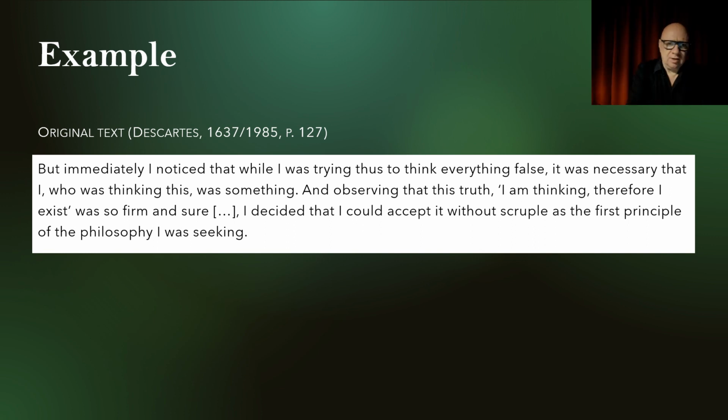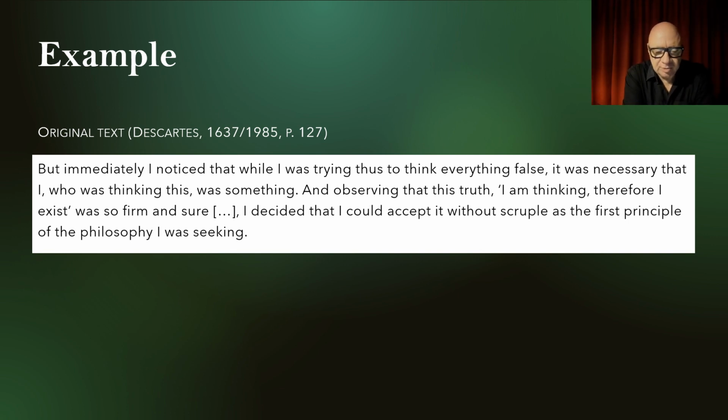So let me give you a bit over-the-top example. Take a, for philosophers, well-known text by Descartes. I got this from a 1985 book, but the original, of course, was 1637. "Immediately I noticed that while I was trying thus to think everything false, it was necessary that I, who was thinking this, was something.